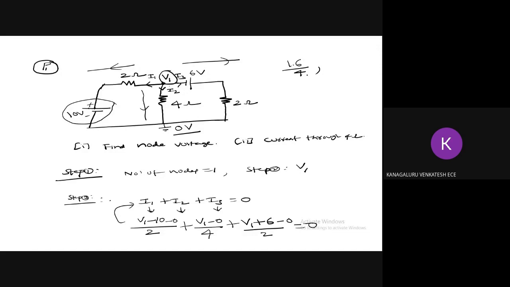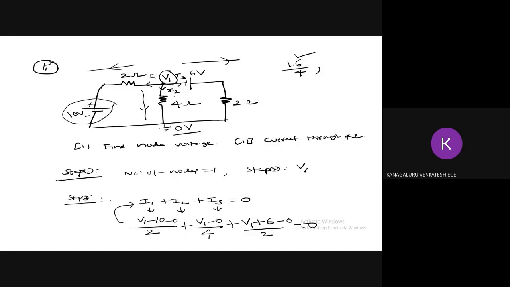The current flowing through 4 ohm is 1.6 divided by 4, that is the answer from one student. Any other guesses? No guesses. 1.6 divided by 4 is correct. Very good.